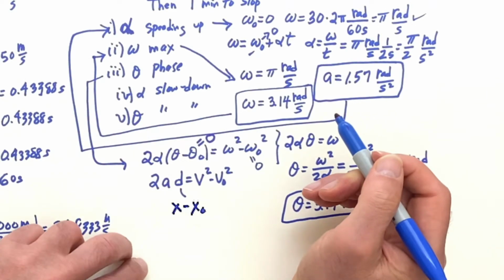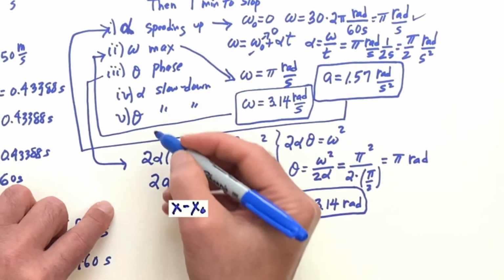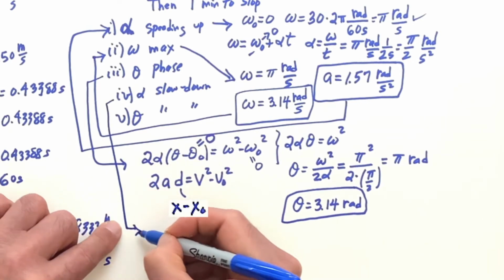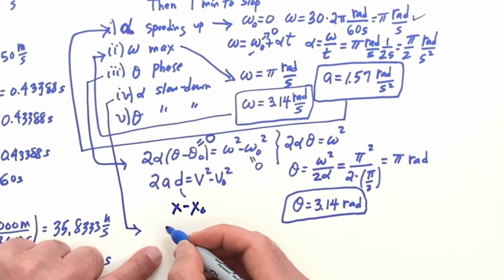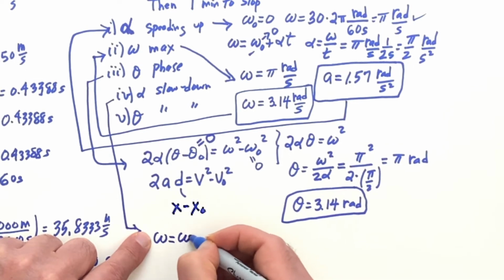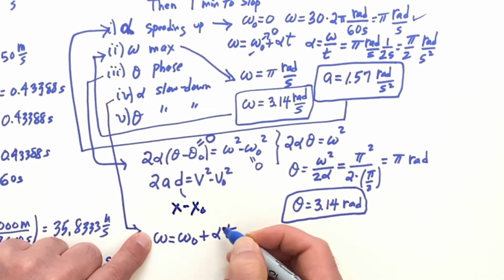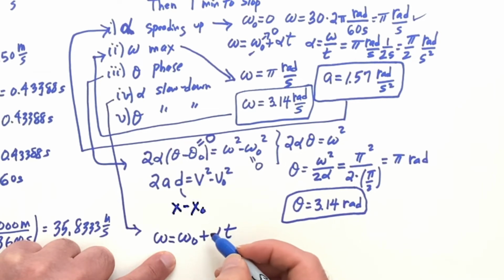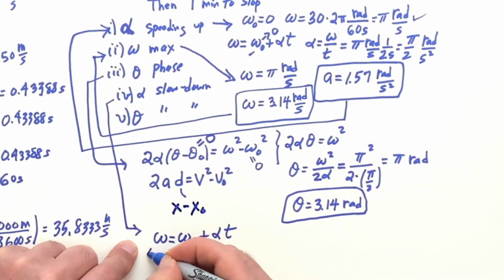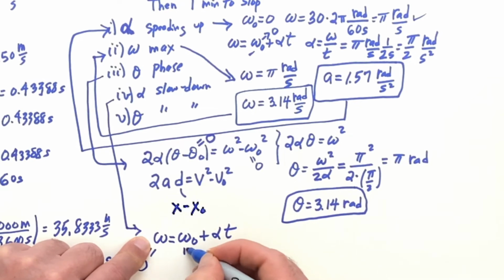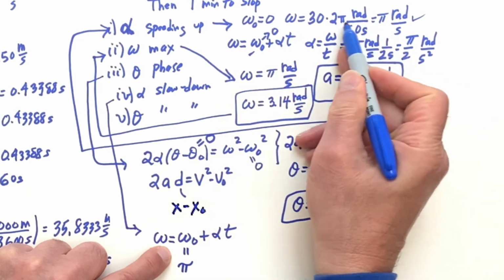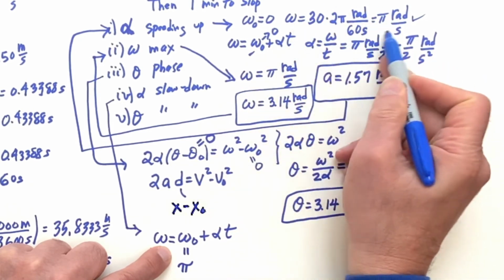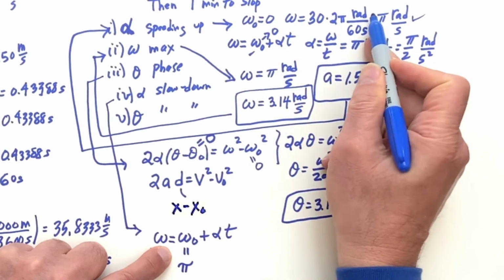Nice. Okay, now we're coming to the slowdown phase. For the slowdown phase, it wants to know what the alpha is. Well, we have omega is omega naught plus alpha t. Now here, these values are going to be different because this is a new problem now. The final omega is 0, and this omega naught is the pi. It's where we left off last time. This becomes the new initial as we're slowing down.